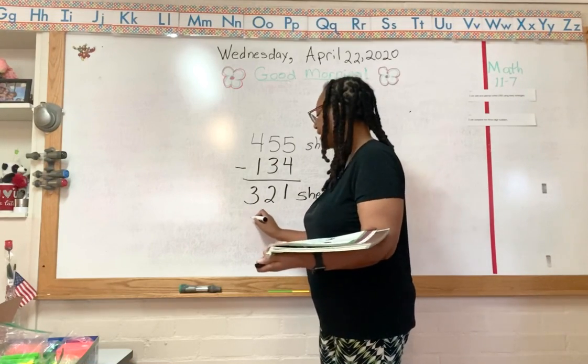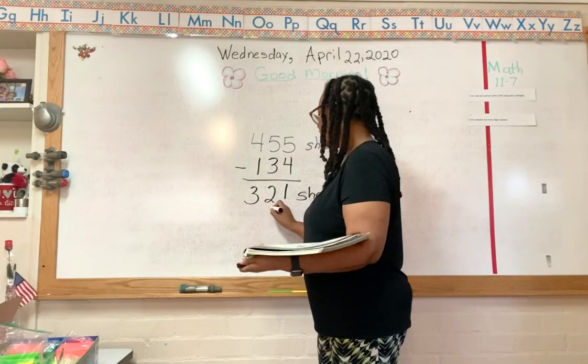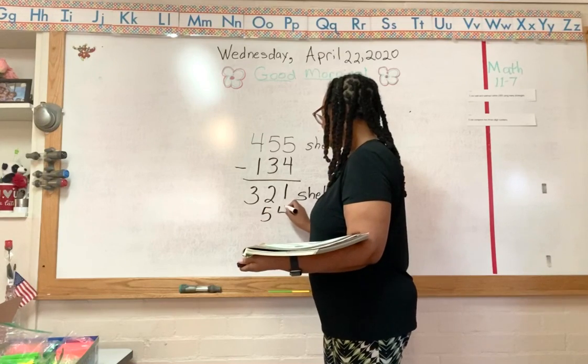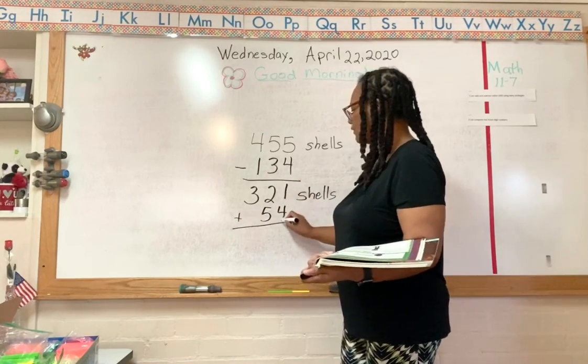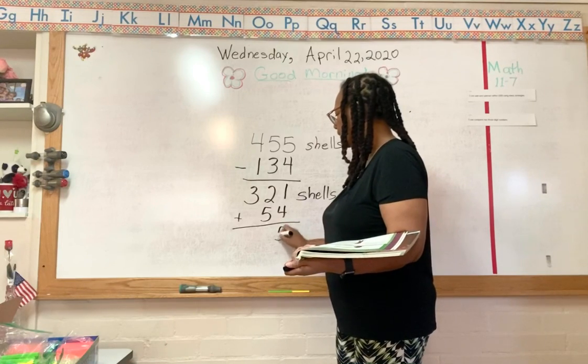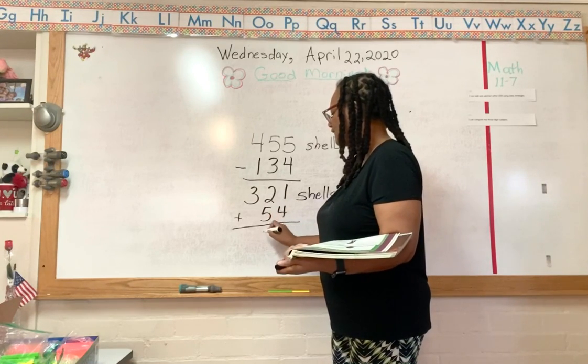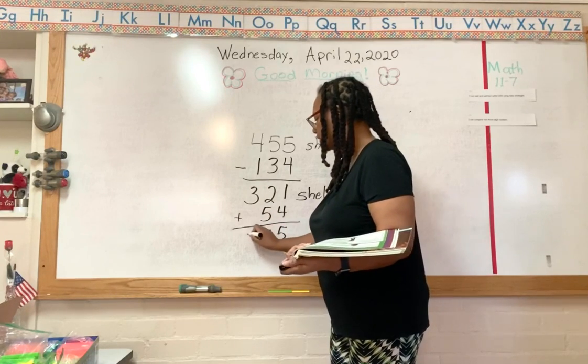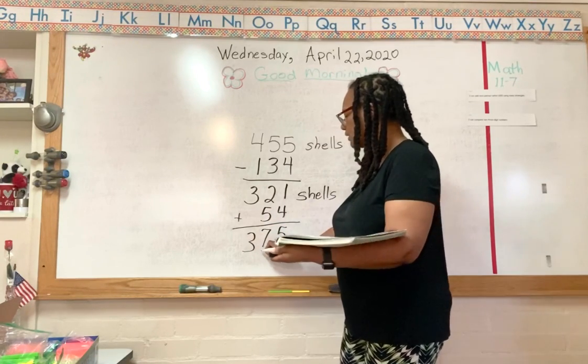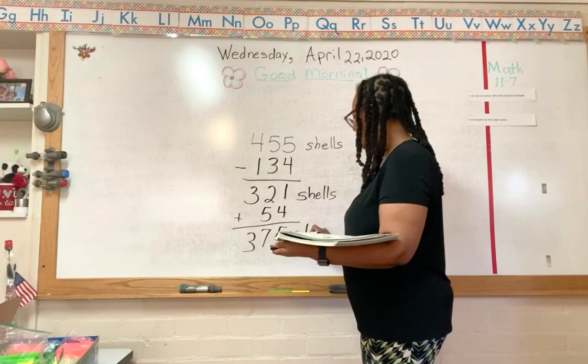So we're going to add it. 54. So 1 plus 4 is 5. 2 plus 5 is 7. And 3 plus nothing is 3. 375 shells.